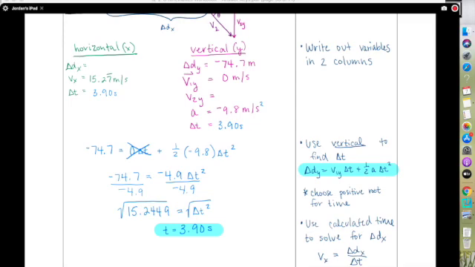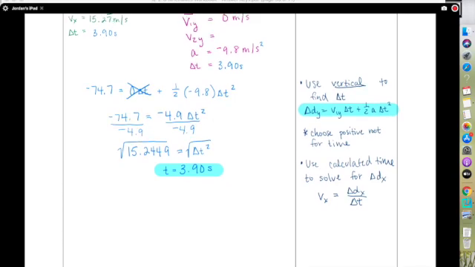So now we can find the delta d of x by using the calculated time and using this equation. Our Vx is 15.27 repeating, so I'm just going to round it to 4 decimal places.